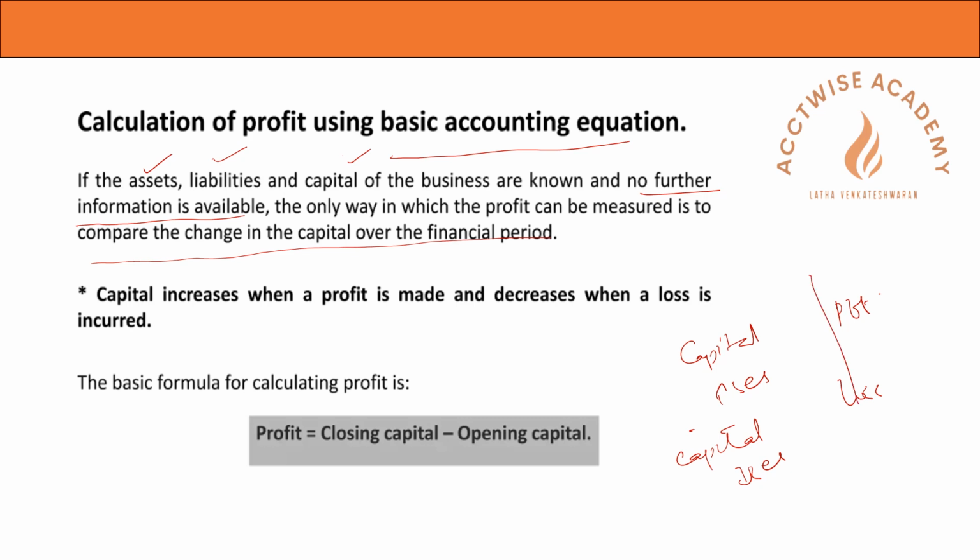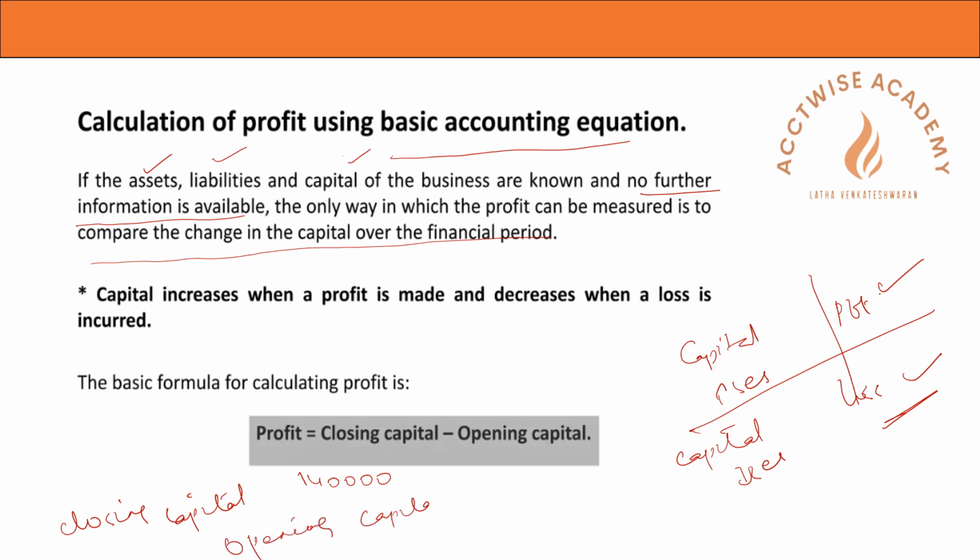It is as simple as this. Let us assume that our closing capital is 1,40,000 and our opening capital is 1 lakh. What is our profit? Profit is 1,40,000 minus 1 lakh, which is equal to 40,000. So our profit is 40,000.